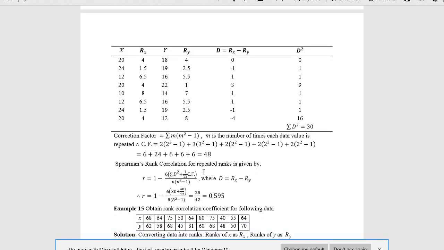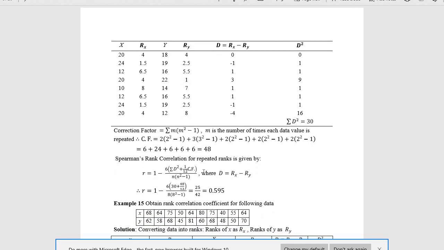In the X series, 1.5, 1.5, ranks 1, 2 are common. Next, the third rank is given as 4, 4. Then the fifth rank: fifth and sixth, 6.5, 6.5, like that, 6, 7 up to completed. Next, the eighth rank.